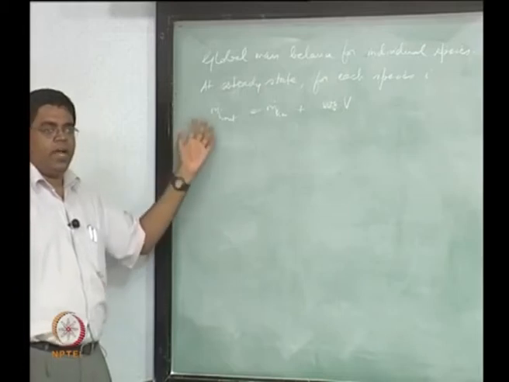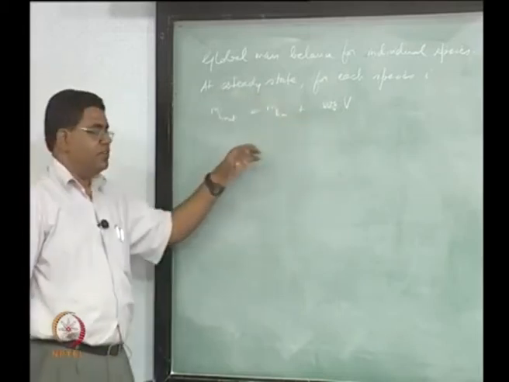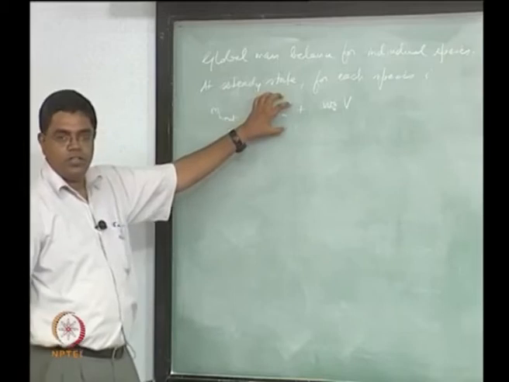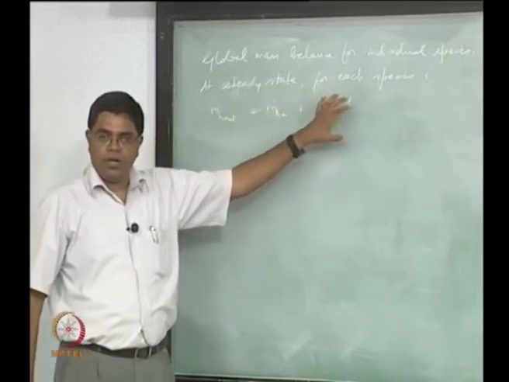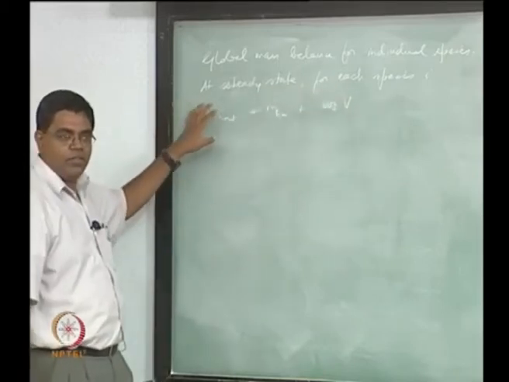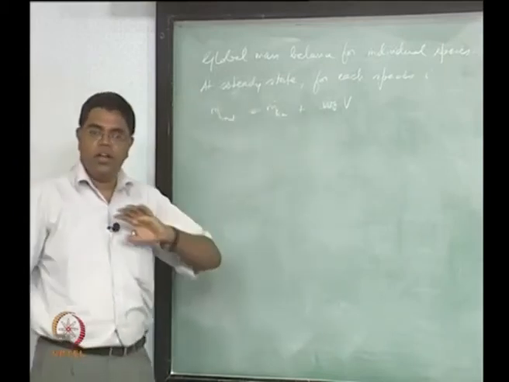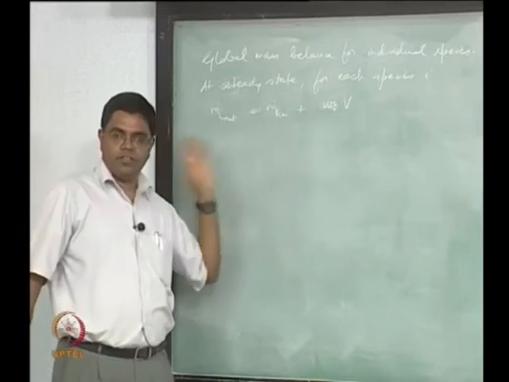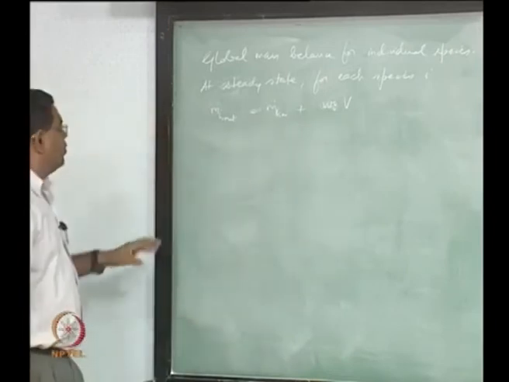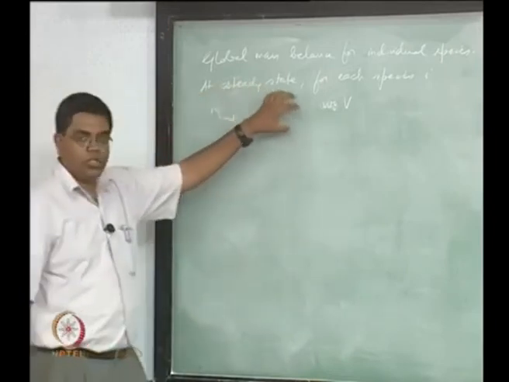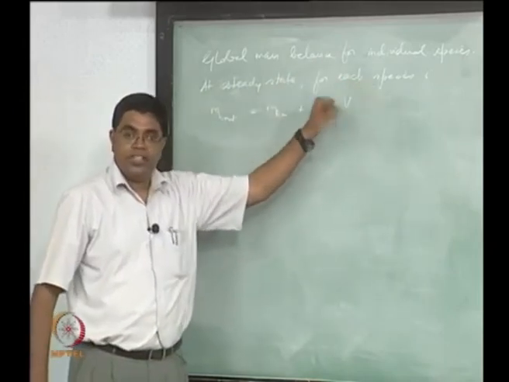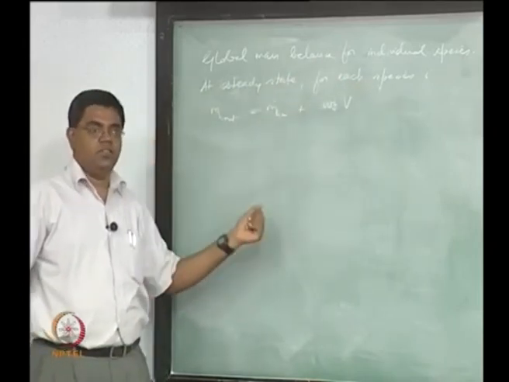Okay, we just put in symbols here, but it's essentially an intuitive idea. You think of your bank balance, for example. Okay, so this is what you had to start with, and then you put in some money, you get some more bank balance, right? So anything can be budgeted like this effectively, right? So whatever you get out is whatever you put in plus what you created. This now is actually for a particular species.